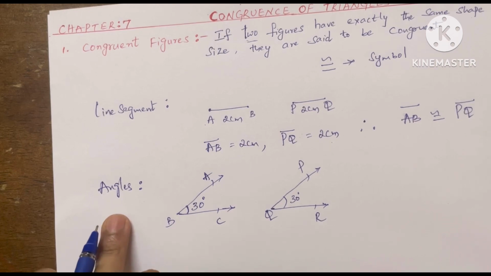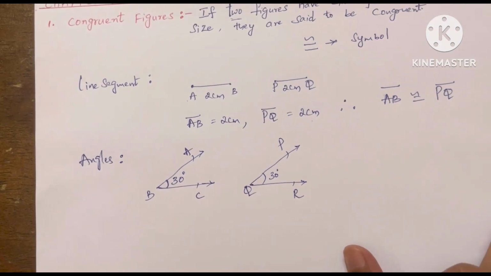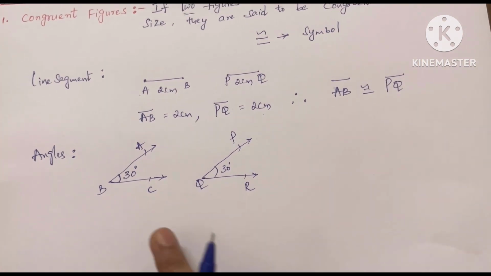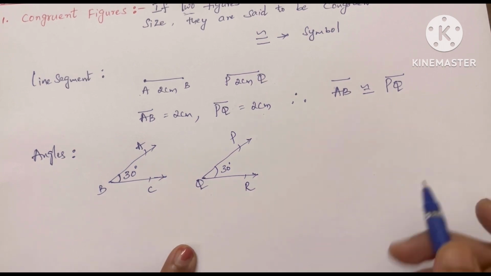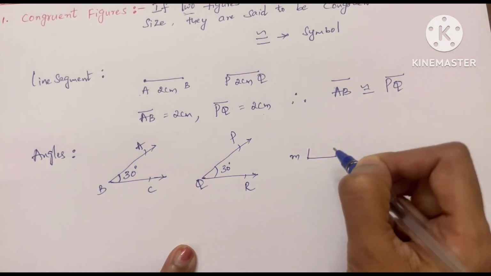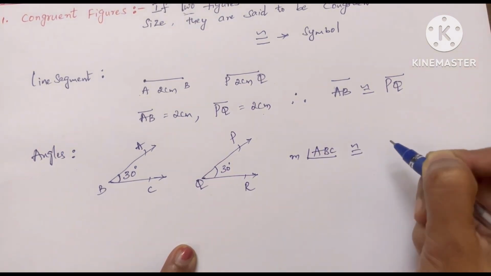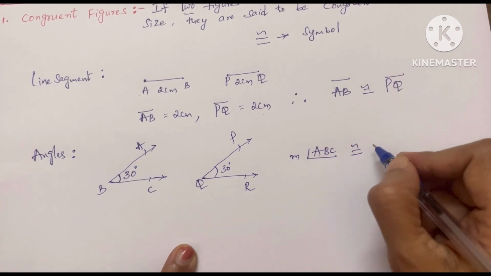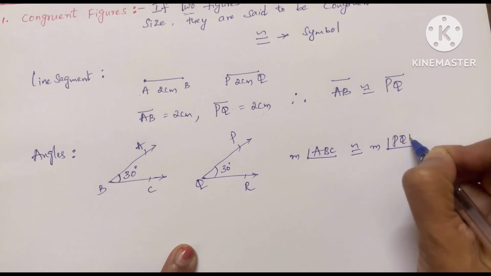While using the angles here, check whether they have the same measure or not. If you see here, this has 30 degrees and this also has 30 degrees. So we will say that angle ABC is congruent, using the congruent symbol, to angle PQR.